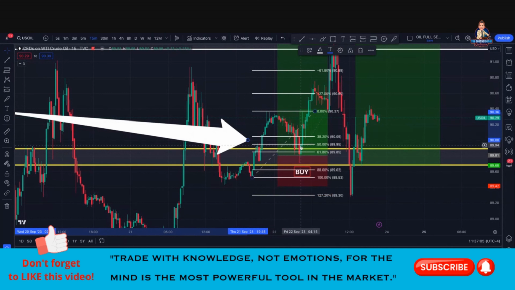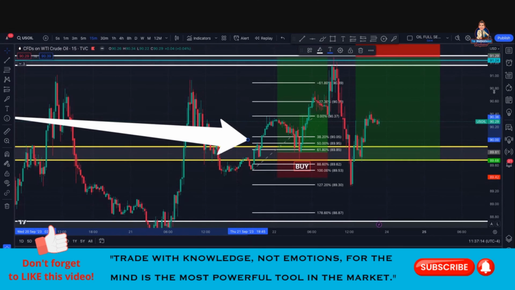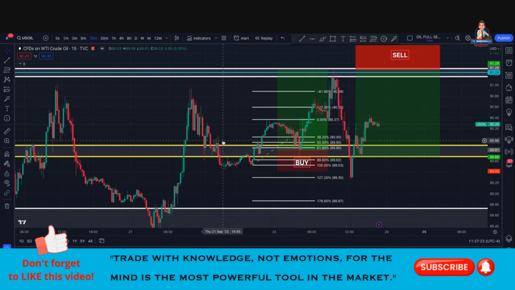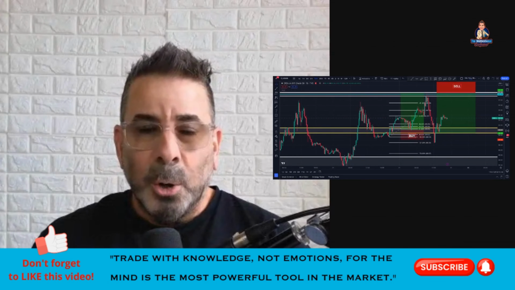Once price came into our buying area, as you can see here, this was almost a 4-to-1 reward to risk going back up to the next zone. We took this buying opportunity here. Again, I wanted to show you how you can mix in zones.